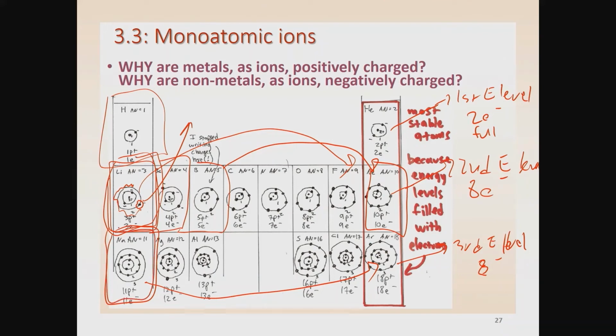So with sodium, the electron that could leave is now not in the second energy level, it's in the third energy level. And so when that happens, then the remaining energy levels of sodium are filled. So by losing 1 electron, it becomes very stable, and it's said to have neon's electron configuration. Now, how about the next column over?